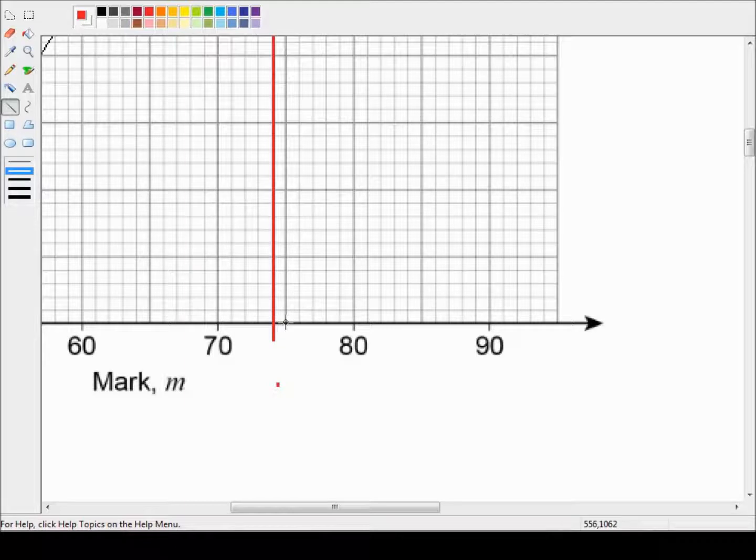So this mark here that's halfway between 70 and 80 will be 75, and this is one little square below 75, so this is 74.